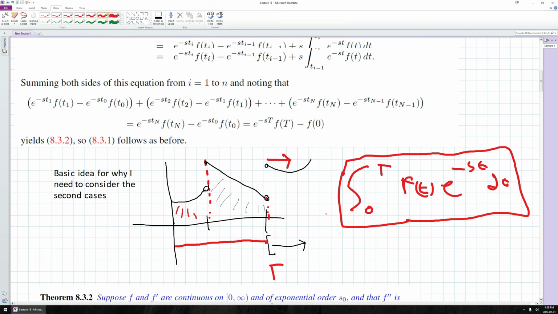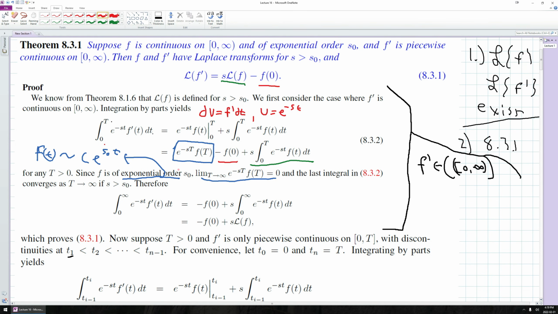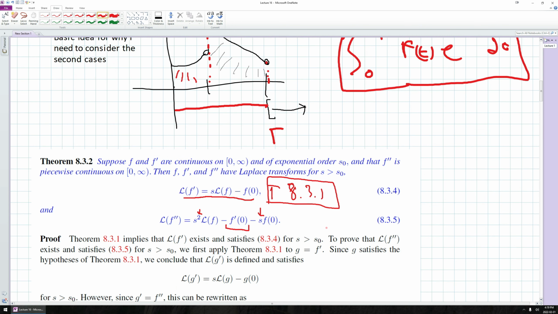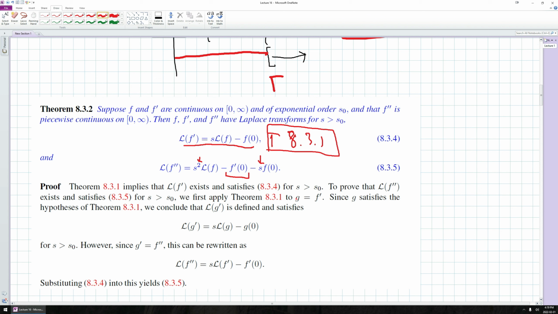Now, to prove that I can take this Laplace transform of f double prime, all I have to do is go back to this previous case here and let f prime replace f and let f double prime replace f prime, right? So if I do the substitution where g is equal to f prime, then my g prime would be f double prime, reapply that theorem, and from there I can get what the Laplace transform of g prime would have to be.